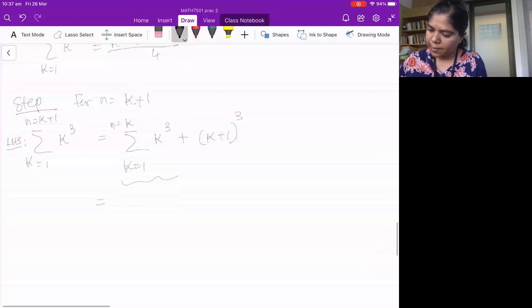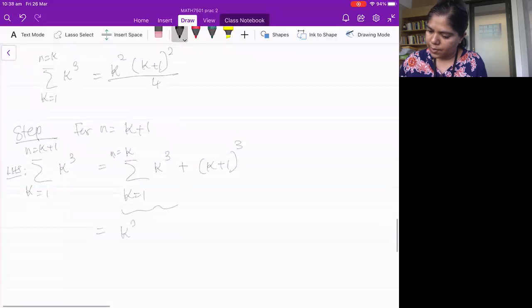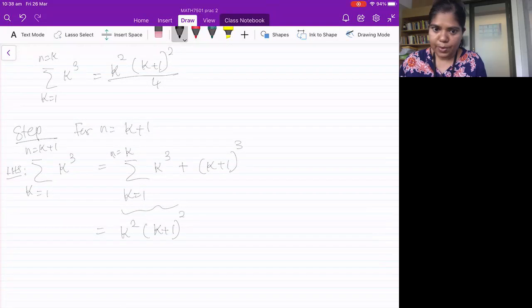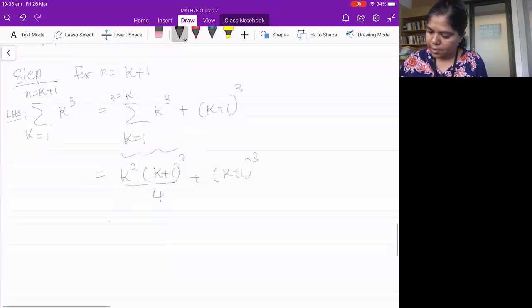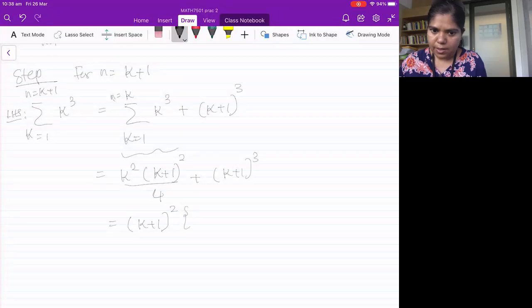This part is from the hypothesis: k squared, k plus 1 squared over 4, plus k plus 1 cubed. This is equal to factorizing k plus 1 squared. That should be over 4.